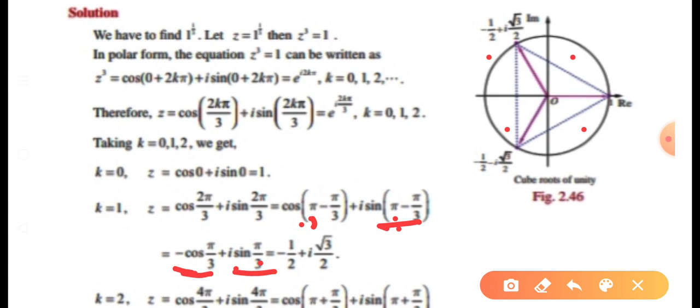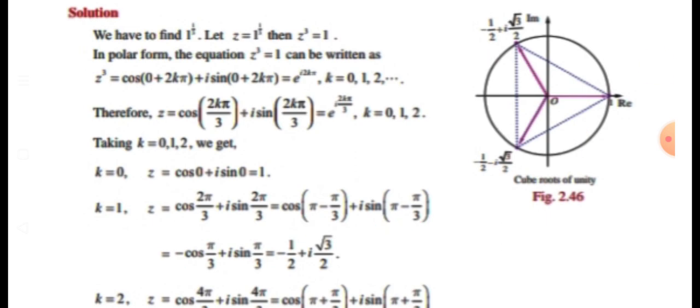In a quadrant we must remember 2 points. First one, the symbol plus or minus. Second one, θ: sin θ implies what, cos θ implies what. Now cos π by 3 plus i sin π by 3.